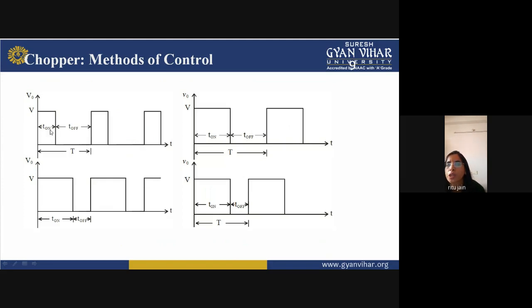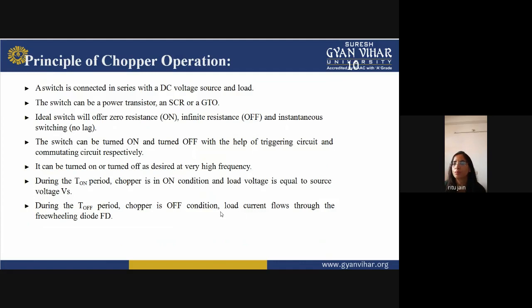You can change both T on and T off time. But in your frequency control method, you can change time period T, but you have to keep either T on constant or T off constant.